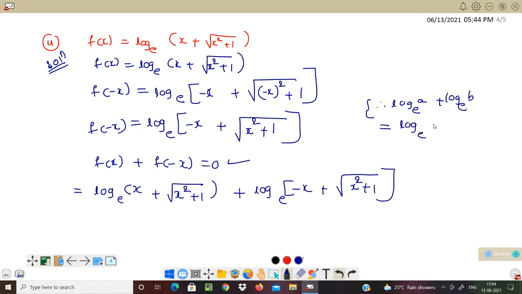We can write it in the form of a product. Just write these two in that form now. Then how will it become? Now it becomes like log e of (x plus square root of x square plus 1) into (minus x plus square root of x square plus 1).